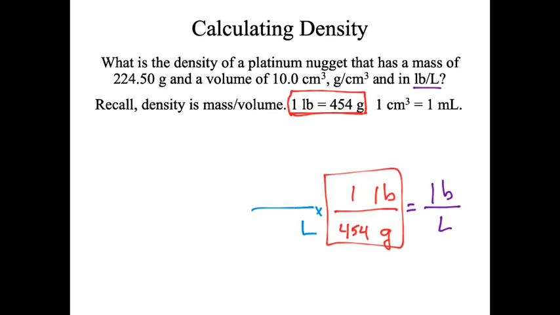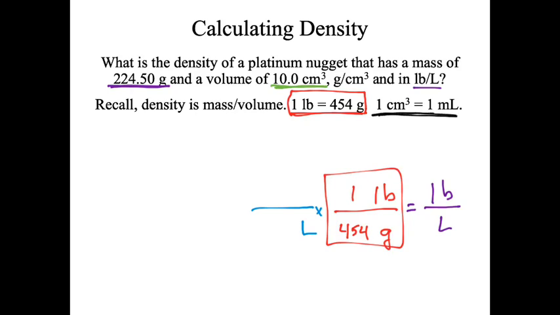Why am I placing liters in the denominator? That's where it shows up in the answer. Am I given just liters? No. Ooh, this becomes challenging. Because if I look at my given information, I have 10 centimeters cubed. I have 224.50 grams.